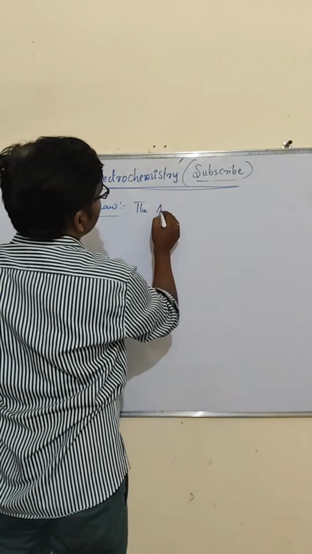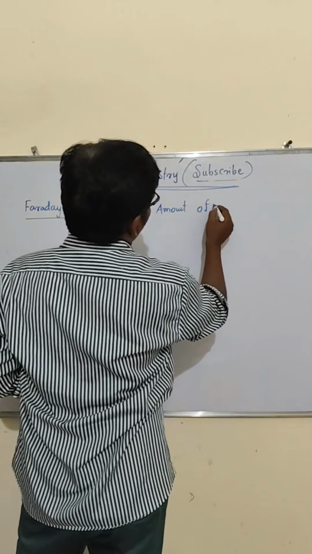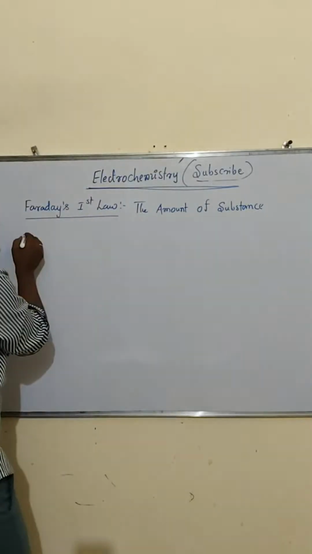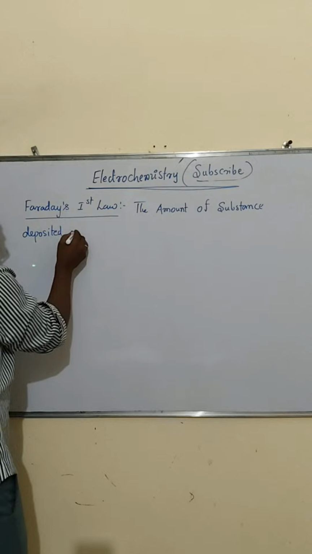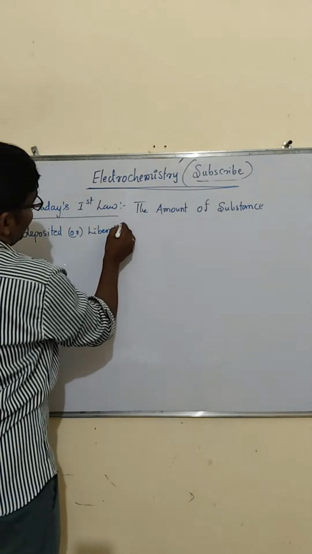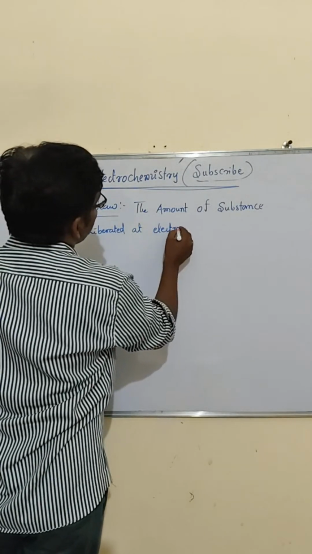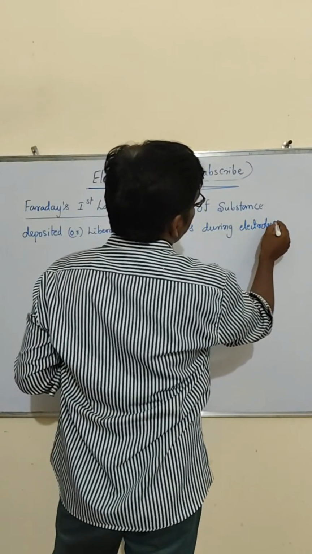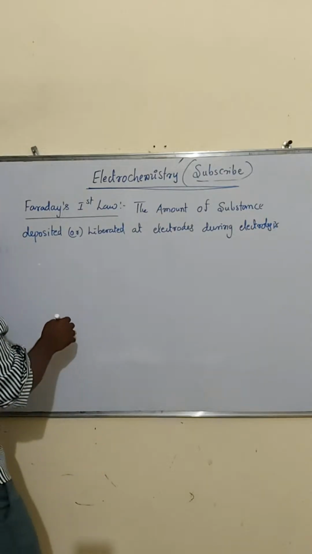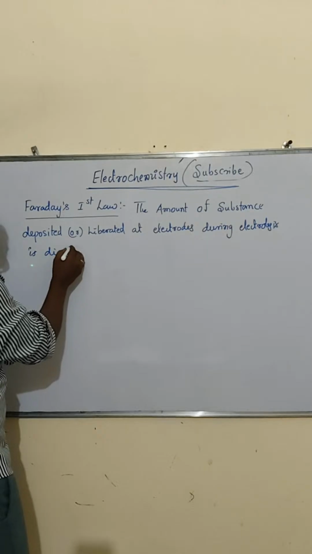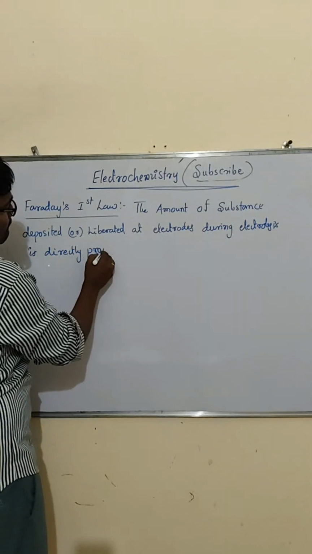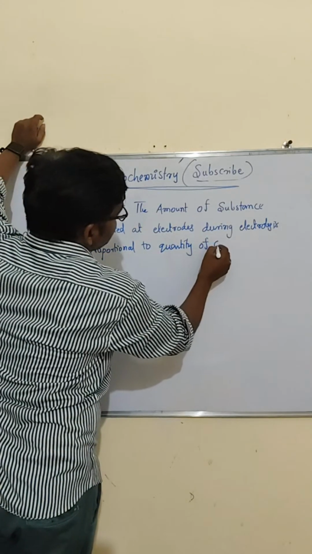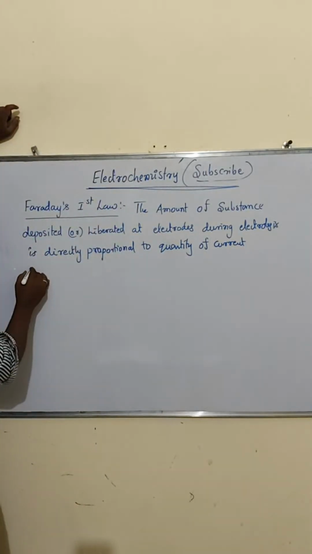The amount of substance deposited or liberated at electrodes during electrolysis is directly proportional to quantity of current passed through it.